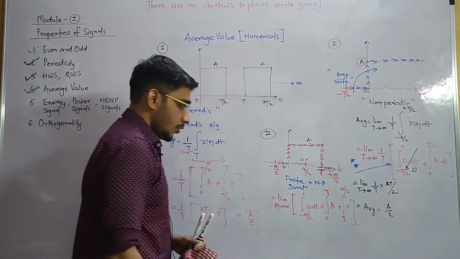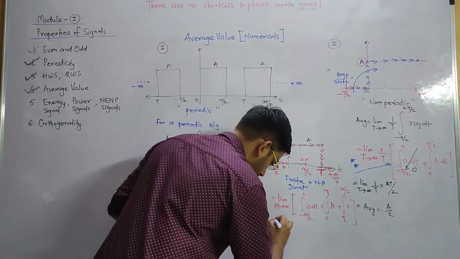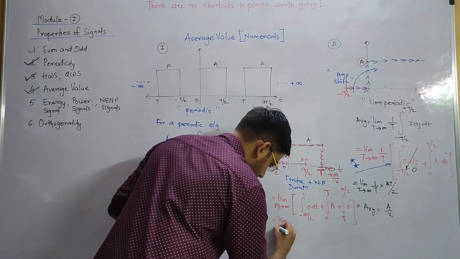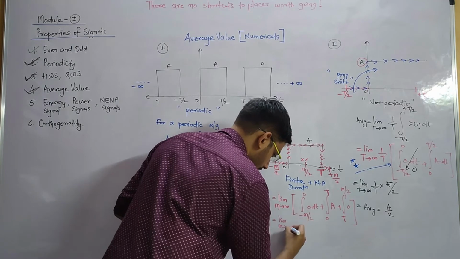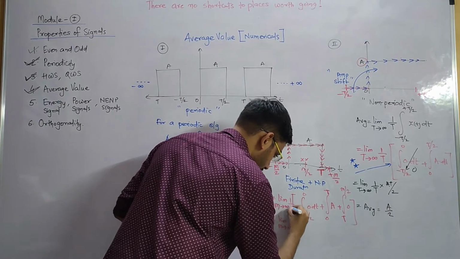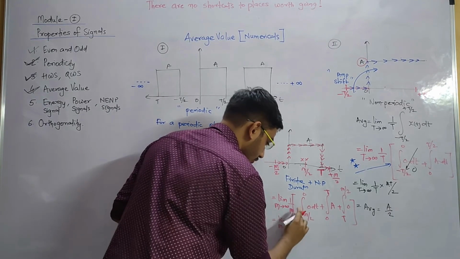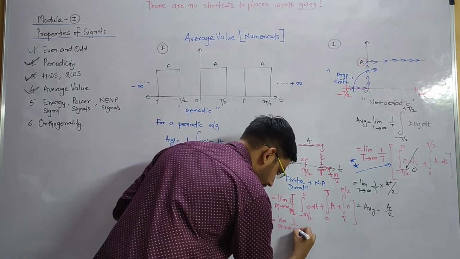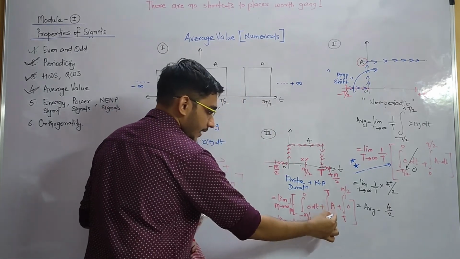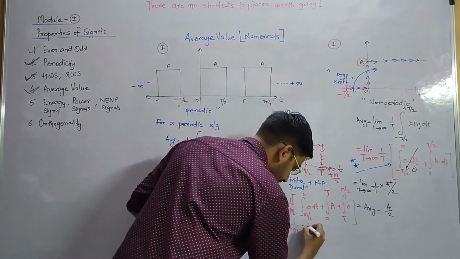Look carefully here, limit M tends to infinity, this is 1 by M. We forgot to write here, this is going to be 1 by M, and this thing will be AT.